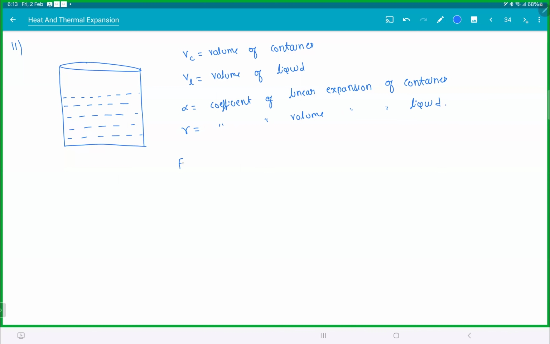Great. So the simple question: find the condition if the volume of the empty space always remains constant. Let's say you're heating the liquid, the container will expand, the liquid will expand, but the volume of the empty space should remain the same, at any temperature.